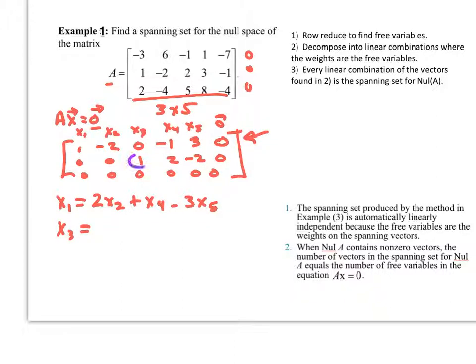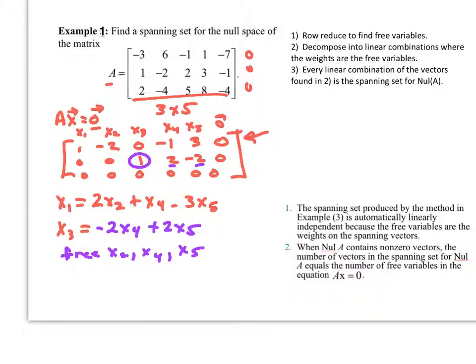So now I can go ahead and solve for x3, which is right here. This is x4, this is x5. And so all I'm going to get is -2x4, and this would be plus 2x5. And my free variables would be x2, x4, and x5.